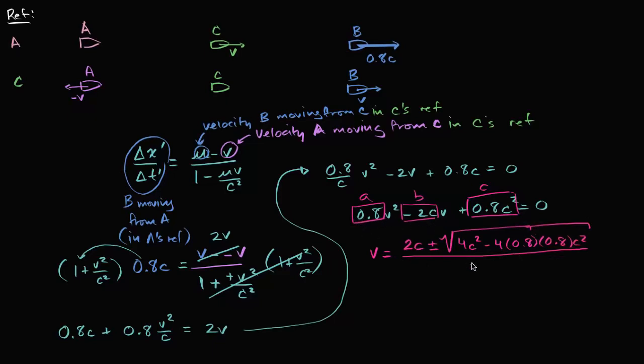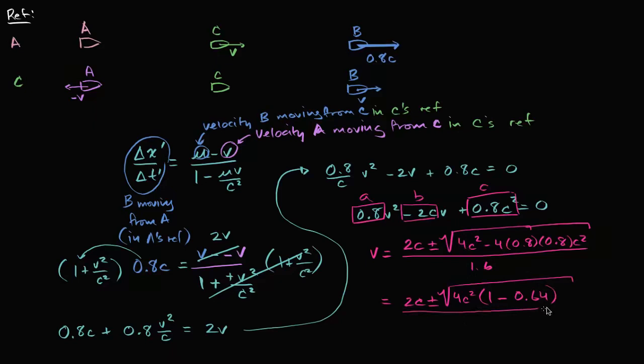So 0.8 times 2 is 1.6. And this is going to be equal to 2c plus or minus the square root. Now I can factor out a 4c squared. 4c squared times 1 minus 0.8 times 0.8 is 0.64. All I did is I factored out a 4c squared from both terms.